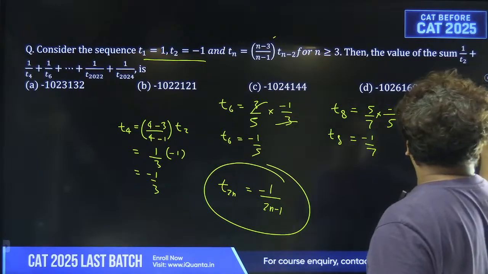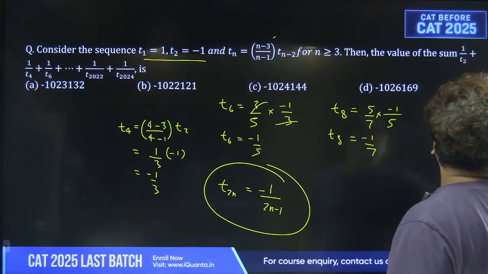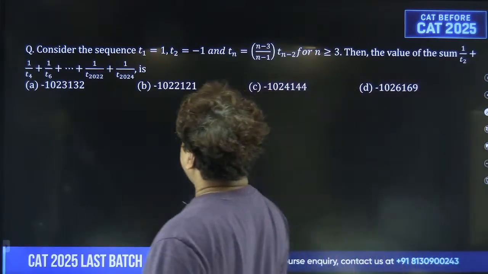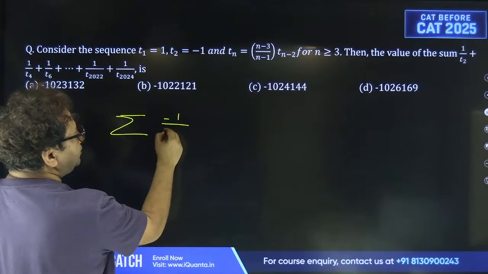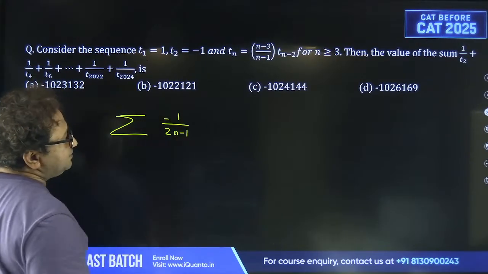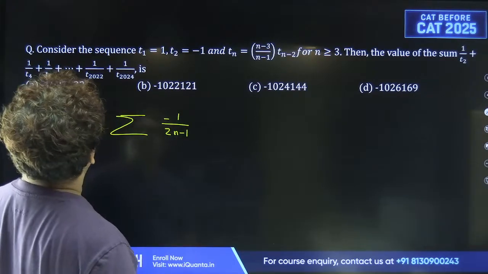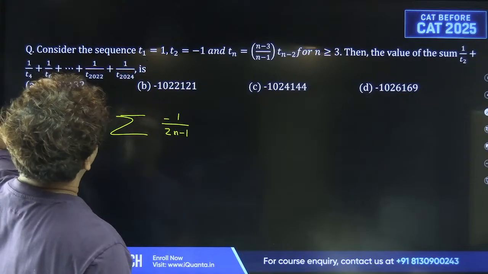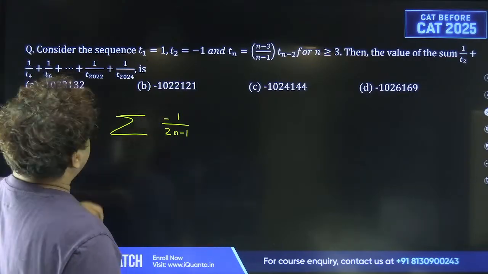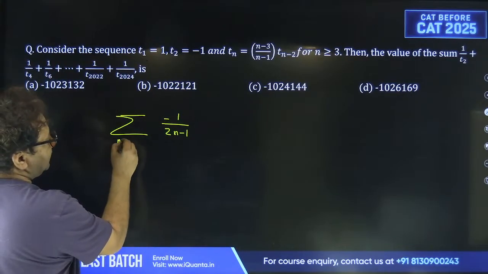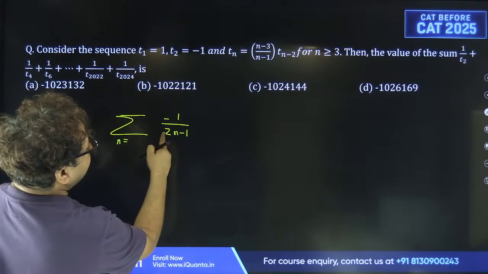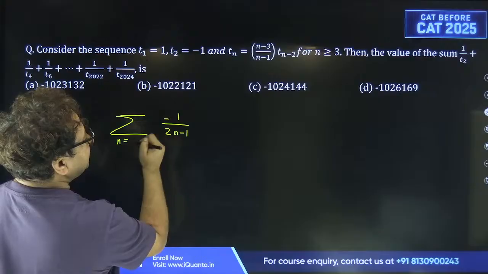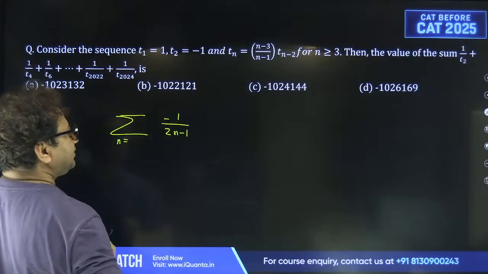So, having said that, this is basically the summation of minus 1 upon 2n minus 1, where in the end we go to 2024, which means 1012 will be needed. So n will be starting with 1, where 2 times 1 is 2. What have I written here? Have I written it correctly? Absolutely correct.